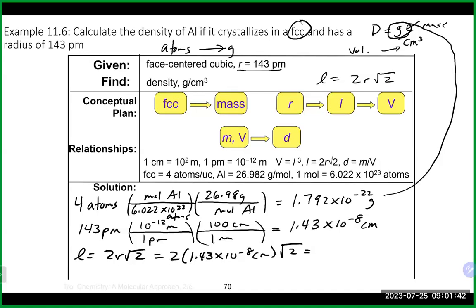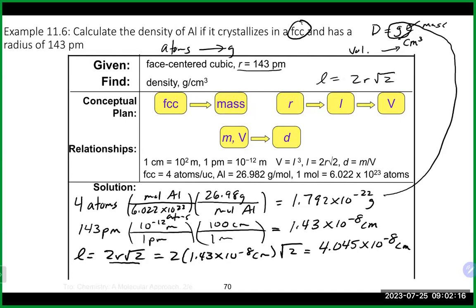And that gets me, let me find it on my calculator here, something like 4.045 times 10 to the minus 8 centimeters. Any question on that conversion? And again, this is specific to this unit cell being face centered, so that is different for everything else.